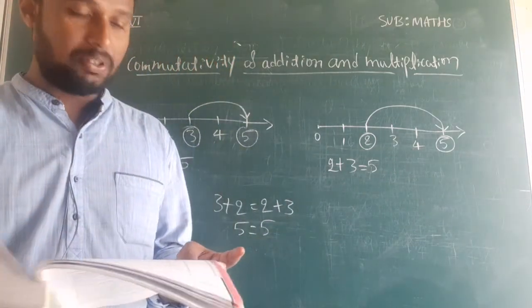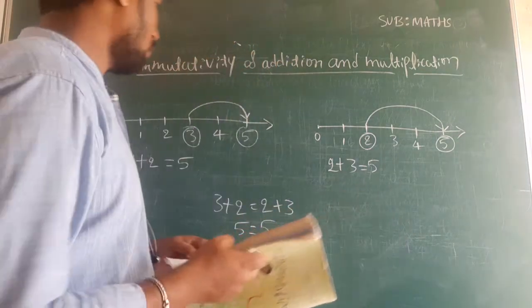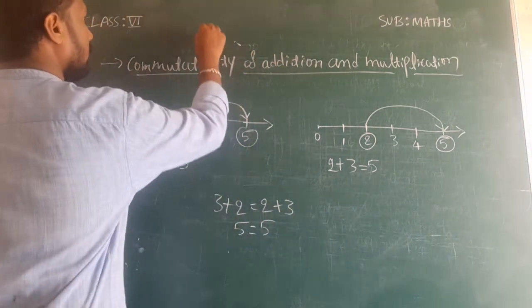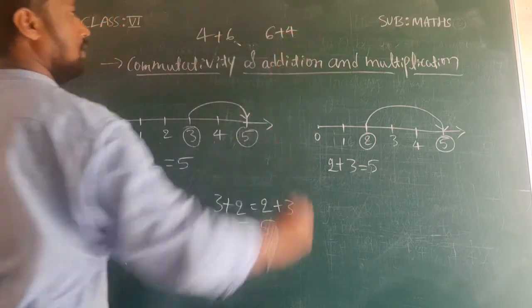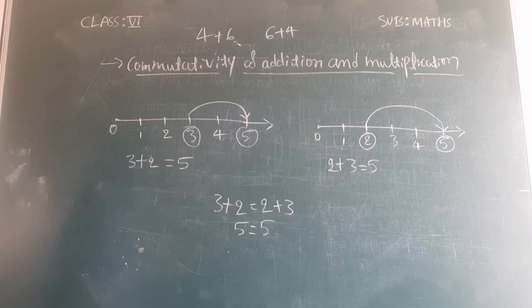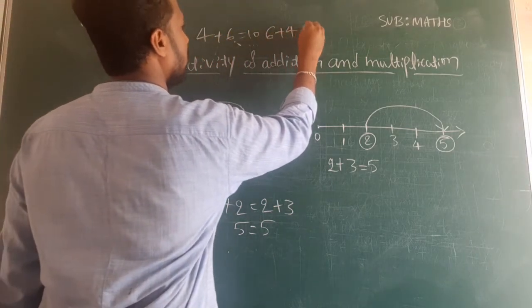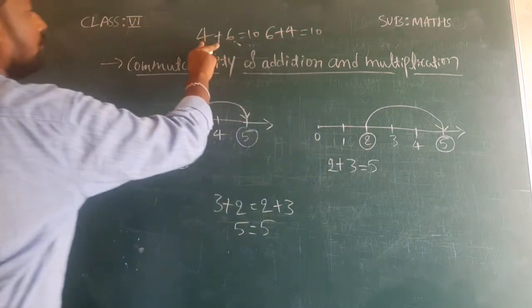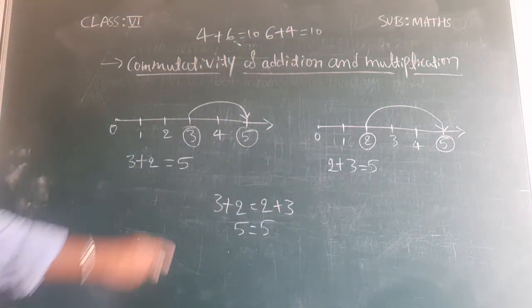Write that example too. There they have given 4 plus 6 and 6 plus 4. 4 plus 6 means 10, and 6 plus 4 means 10. If you interchange these values, you will get the same answer.